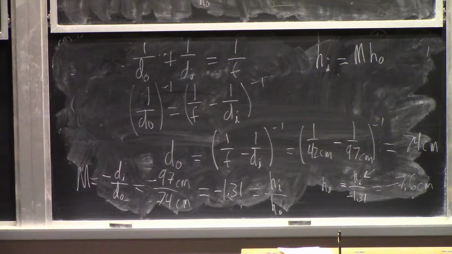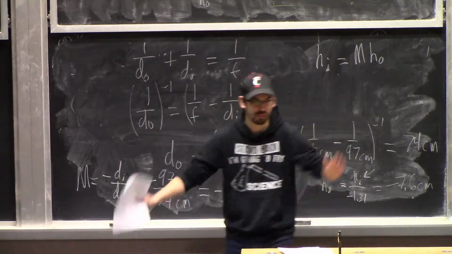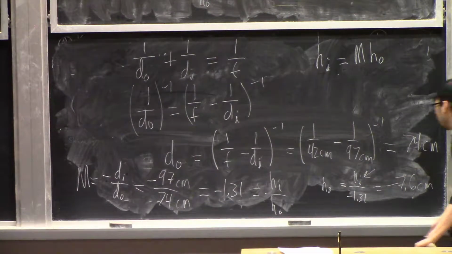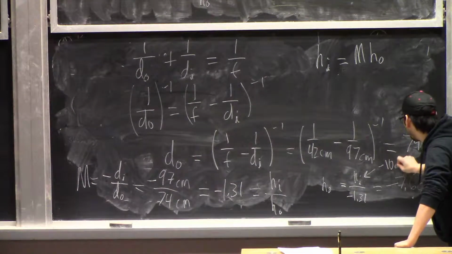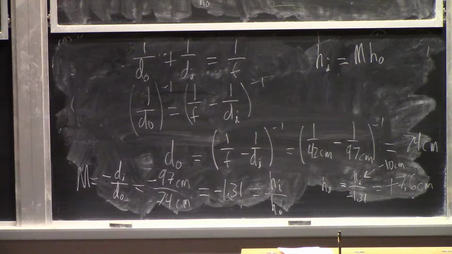Right? Because we didn't specify whether the image was inverted or upright. What we said was it has a size. So size is just going to be like an absolute value of the height. So really this height of the image is going to be negative 10 centimeters, okay? Which means that this is going to be positive 7.6 centimeters in the end. Okay?